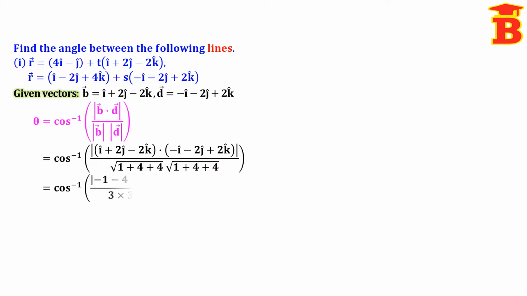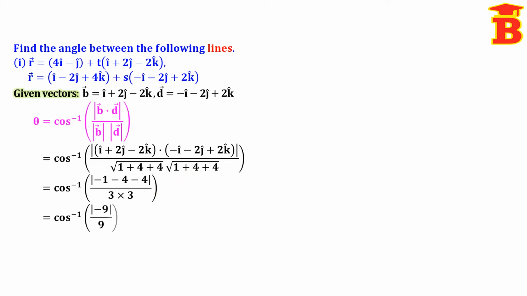So this is equal to cos inverse of modulus, taking the dot product: 1 into minus 1 is minus 1, 2 into minus 2 is minus 4, minus 2 into 2 is minus 4, divided by root 9 is 3 into again root 9 is 3.